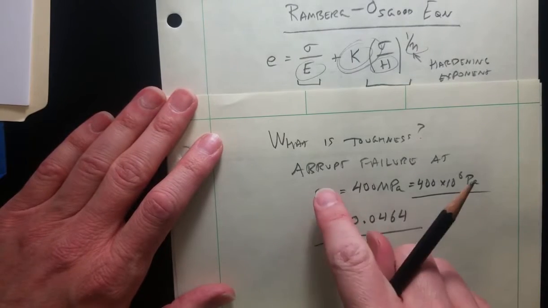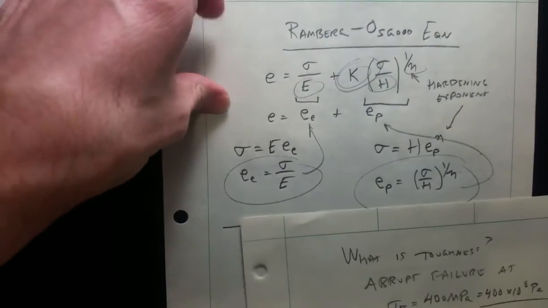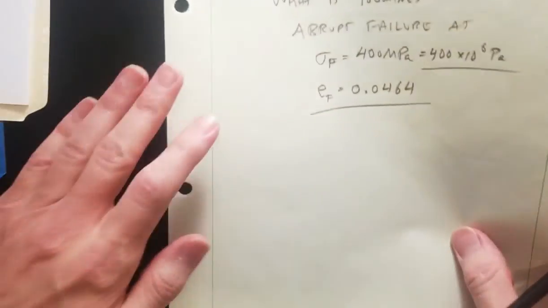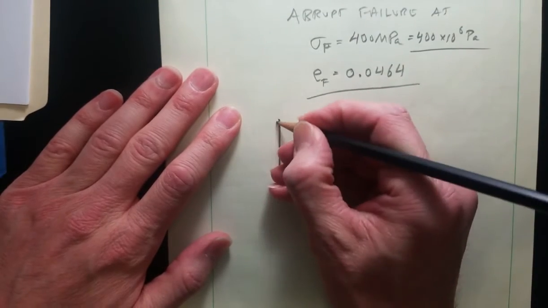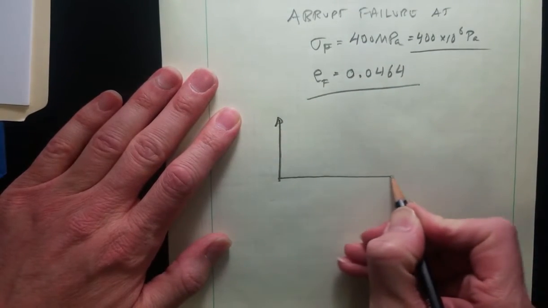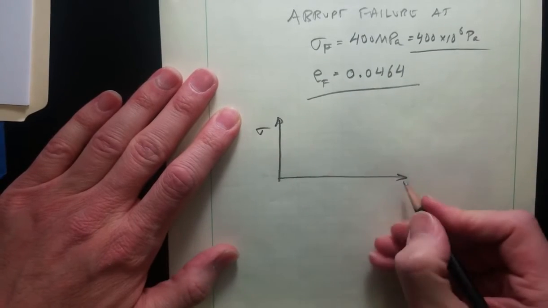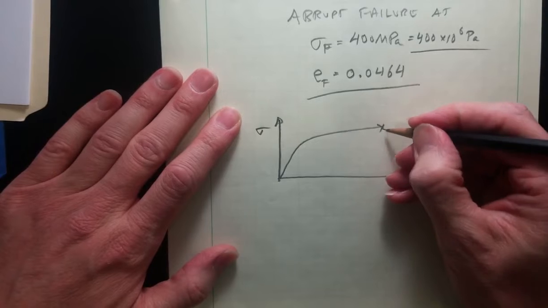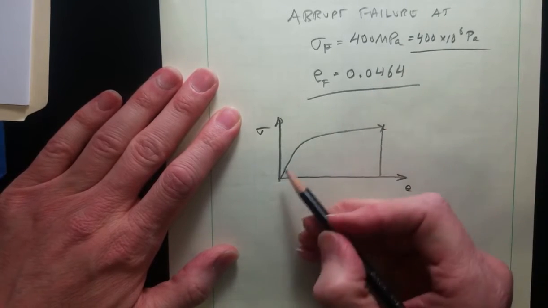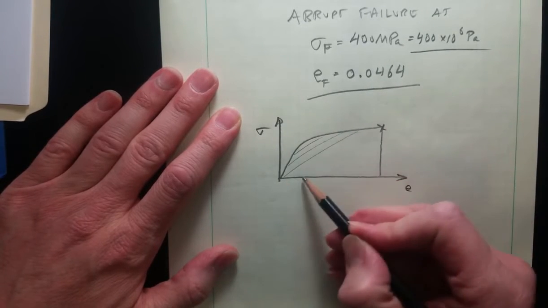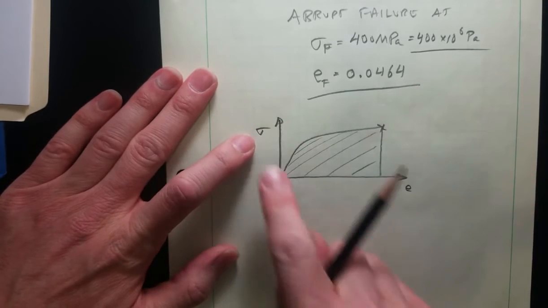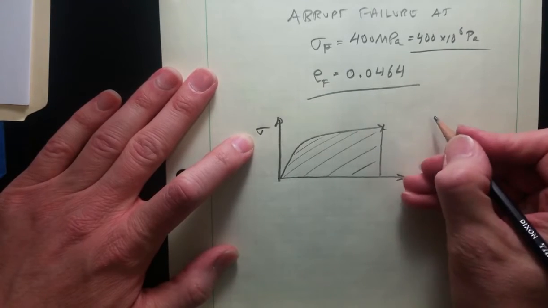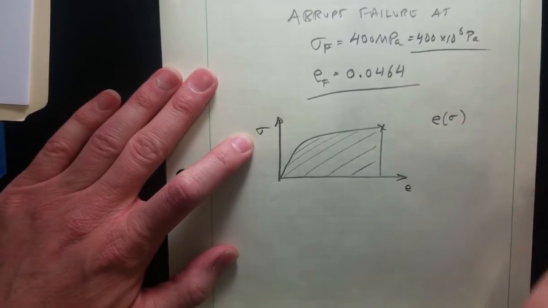So we now have σf and εf, and as I said, we really would like to have stress versus strain. We really want to have this area, but we don't have sigma as a function of epsilon. But we do have epsilon as a function of sigma.